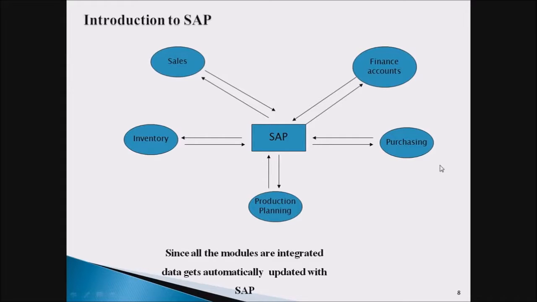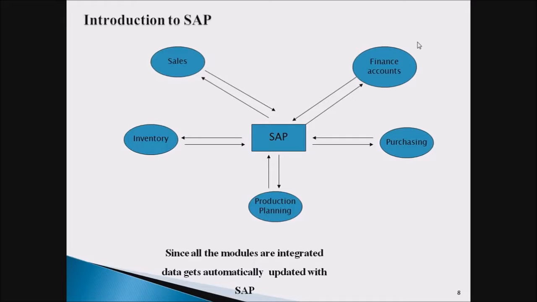The moment you record the transaction on the purchase side, the system automatically updates the transaction on the finance and accounts side. That means another individual who was responsible for updating the finance and accounts side no longer needs to do that. The system is doing it automatically. So the question of data mismatch, that means a transaction getting recorded on the purchase side and not getting recorded on the finance and accounts side, is no longer there.